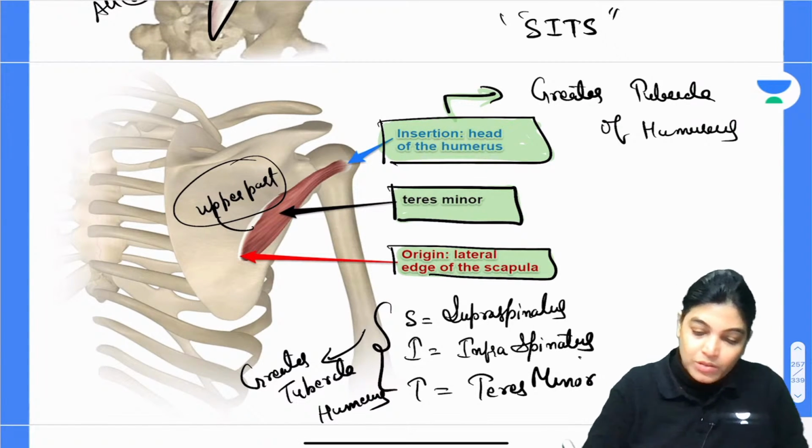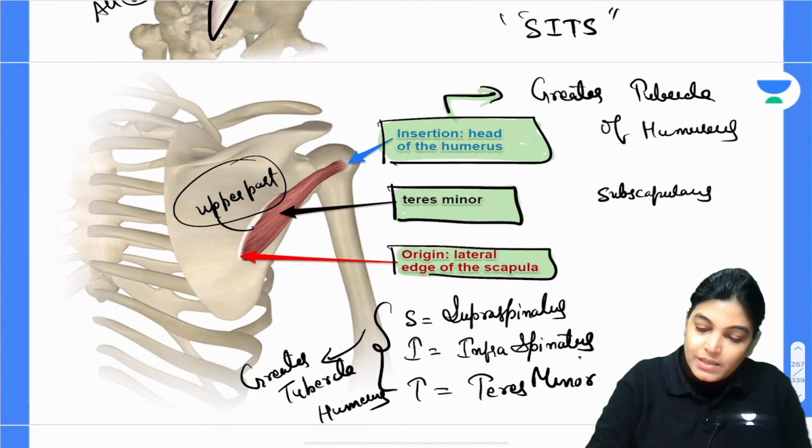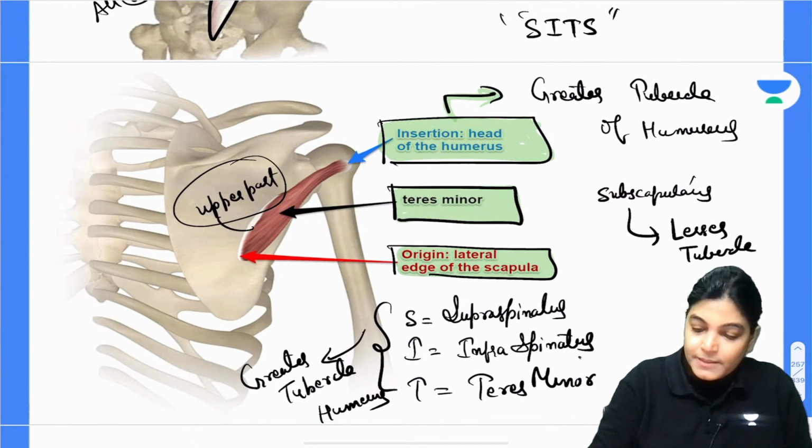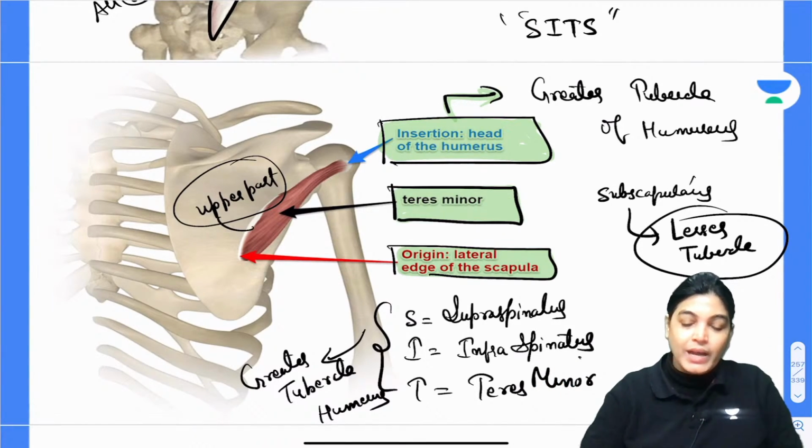And the subscapularis muscle inserts into the lesser tubercle of humerus. Is it okay? So yes, we have done with all the options which are given here.